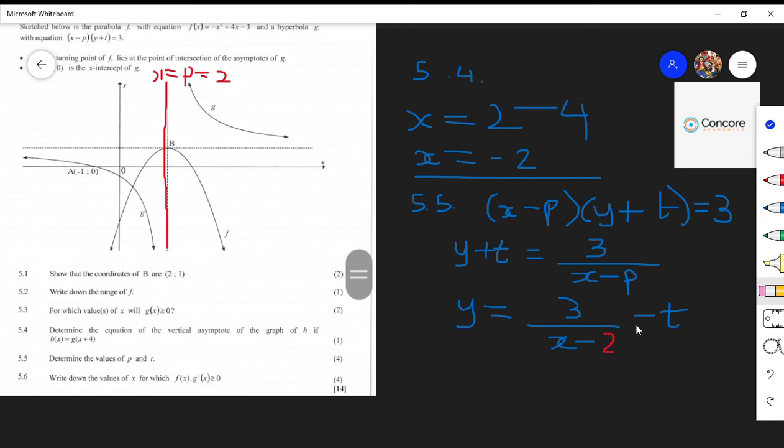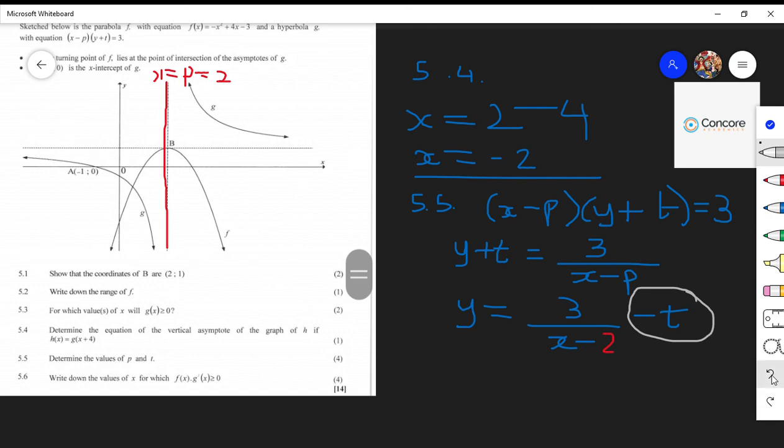In order to find our t value, all we can do is take this negative t and equate it to, actually, they didn't give us our horizontal asymptote, so we can't actually do that.